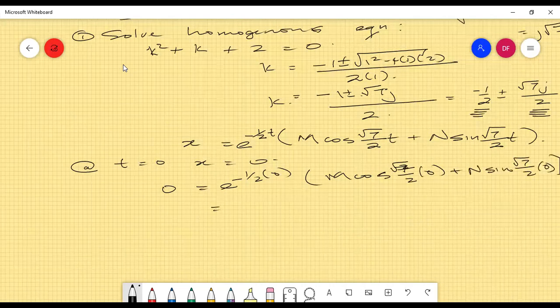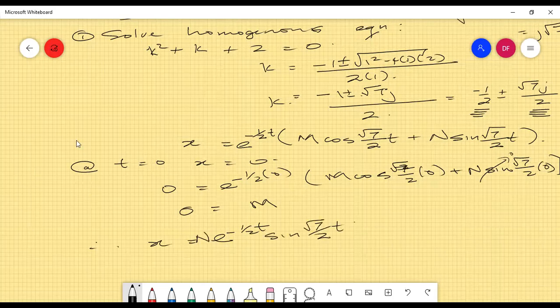Anything raised to power 0 is 1, cos of 0 is 1, so therefore we get that m is equal to 0. So therefore now we are left with x is equal to e to the minus a half t, and then we put the n first, sine root 7 over 2 t. So let's differentiate.